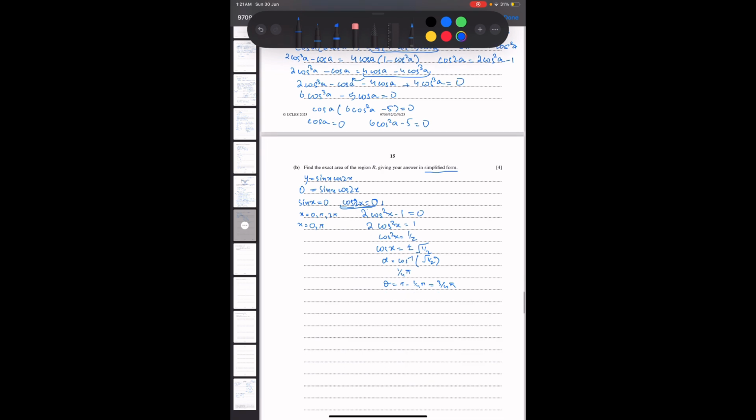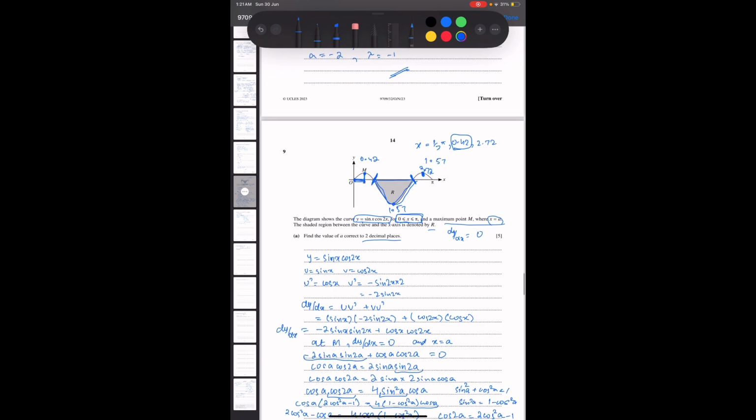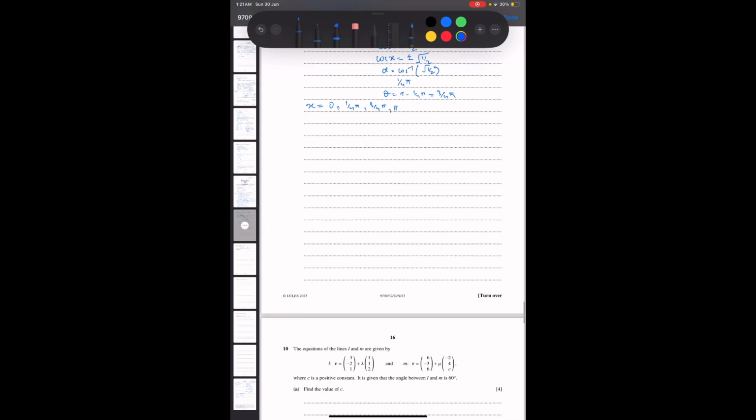So basically the x values are 0, 1 upon 4 pi, 3 upon 4 pi, and pi. And if we look in the diagram, this is 0, this is 1 upon 4 pi, this is 3 upon 4 pi, and this is pi. So our limits are 1 upon 4 pi and 3 upon 4 pi, right?